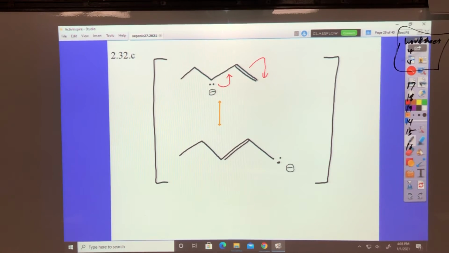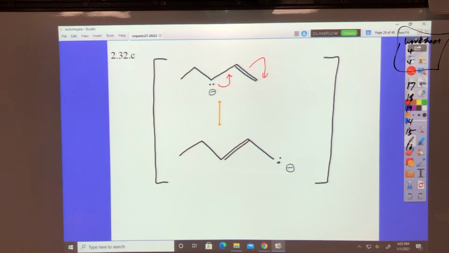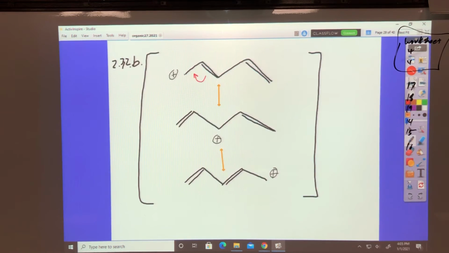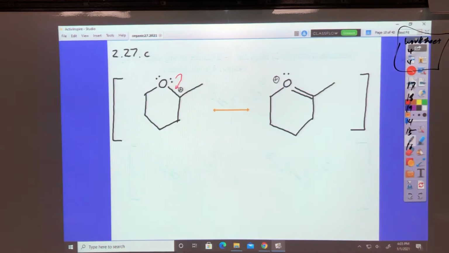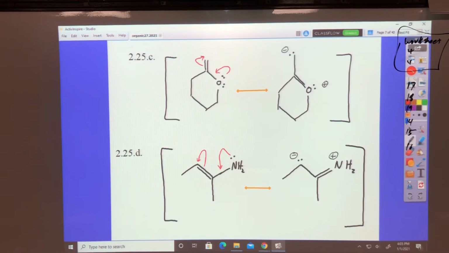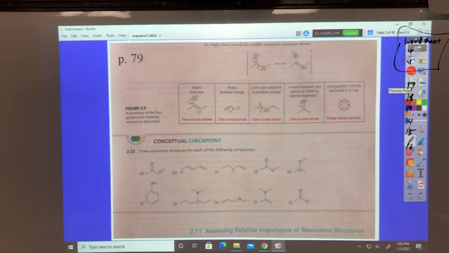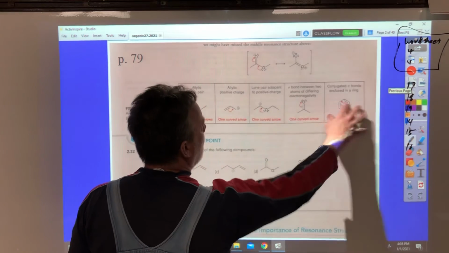You have all 5 examples here. So, going back here, in other words, what we're doing is, in 2.32, I don't know that they actually tell you this, but you're doing all of these.